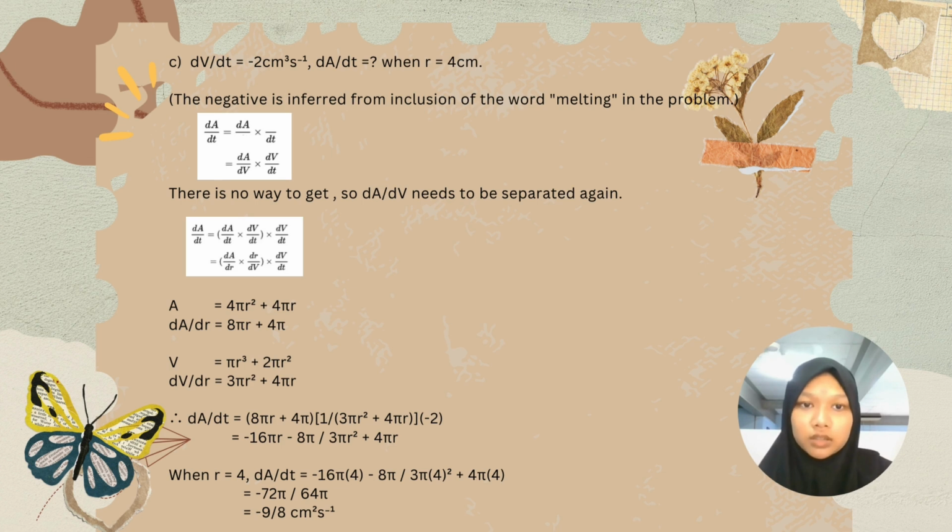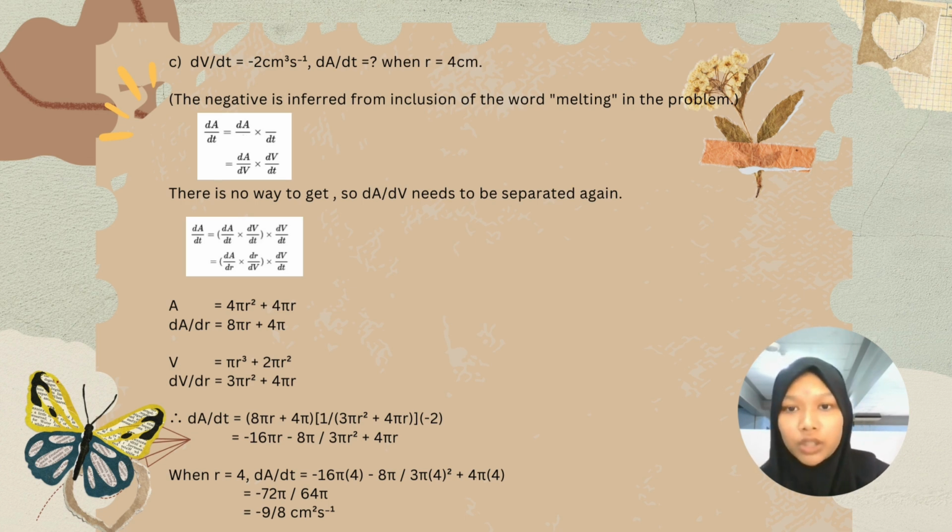So for dA over dt, we try to separate it into parts. dA over dt, the value I'm going to substitute here depends on the information that we have. We already have dV over dt, which is -2. So we substitute dV on both the top right and bottom left.